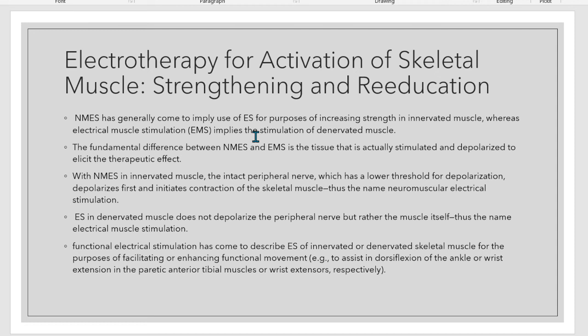So, the fundamental difference between MES and EMS is the tissue that actually stimulate and depolarize to elicit therapeutic effect. In MES, innervated muscles, intact ang peripheral nerve which has a lower threshold of depolarization. So if you notice sa mga stroke patient, dali ra siya ma-stimulate, no?